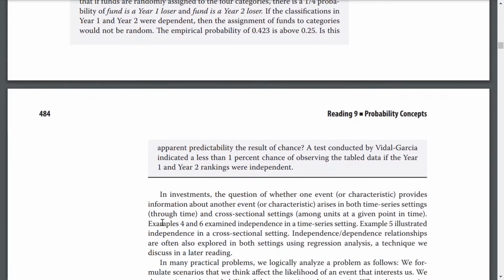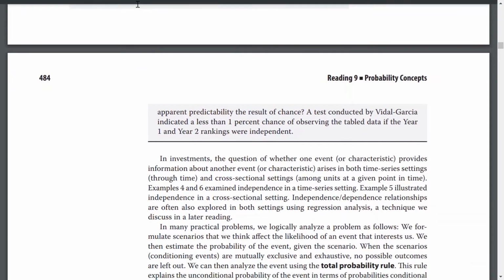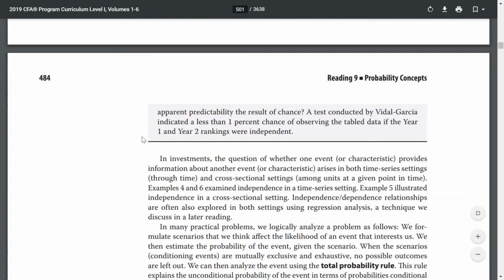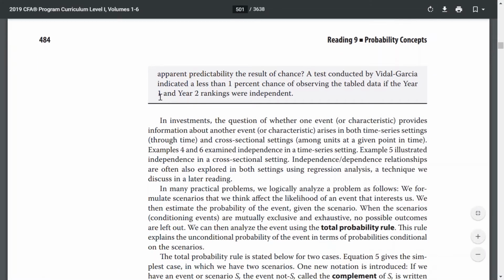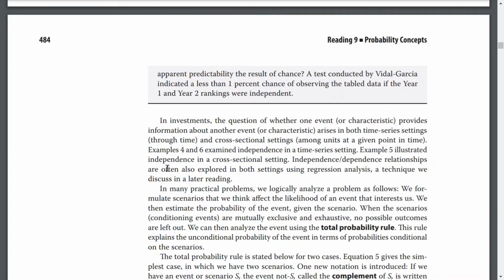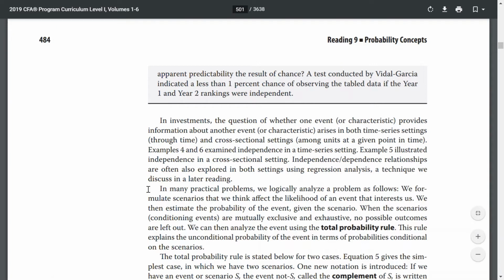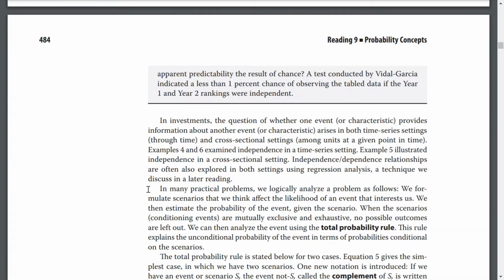It is apparent that there is predictability, not the result of chance. A chi-square test conducted by Vidal Garcia indicates a less than 1% chance of observing the table data if the year 1 and year 2 rankings were independent.